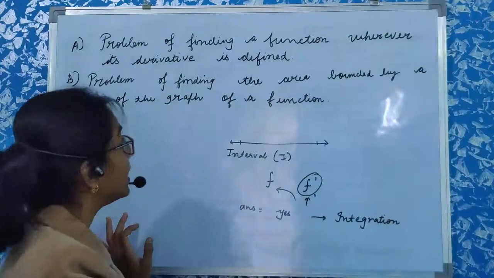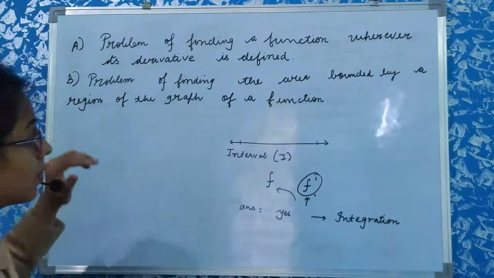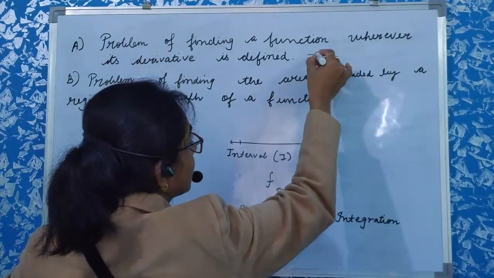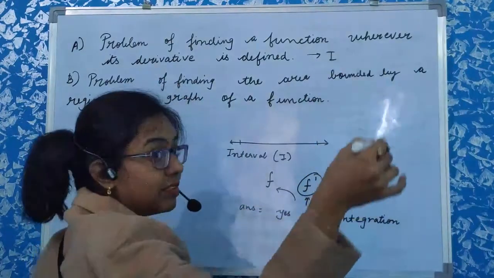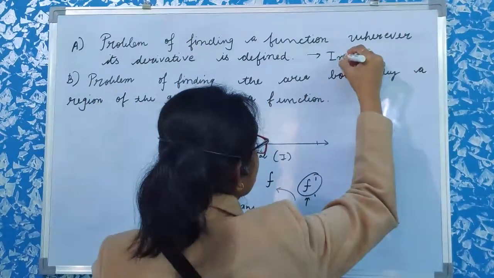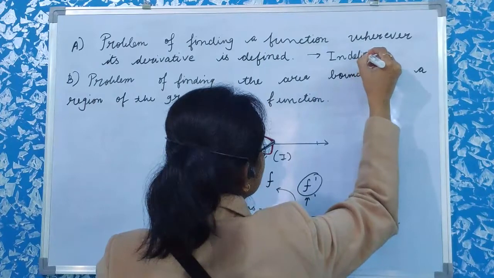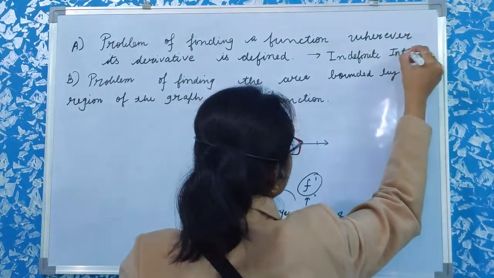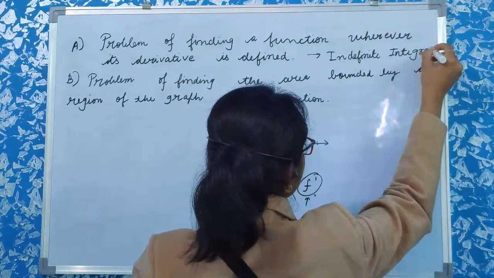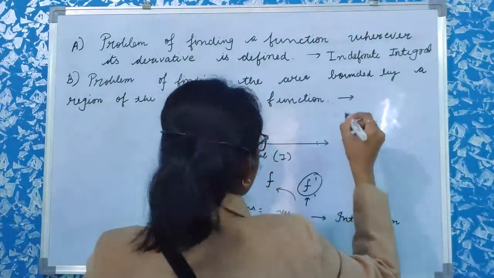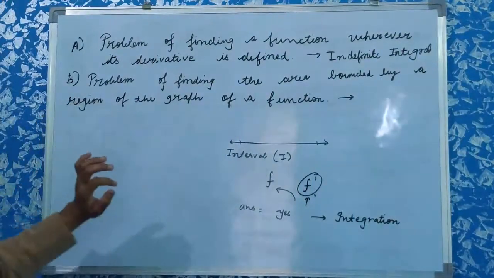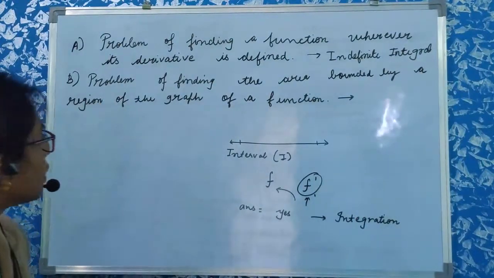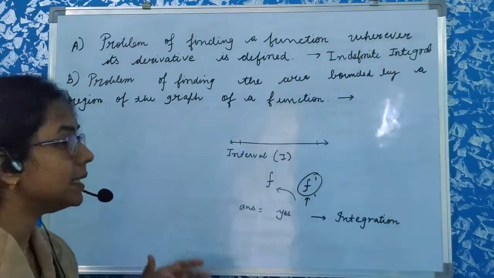Yes, and that is through integration. This first problem is known as indefinite integral. Now, the second problem, where you want to find the area bounded by the region of the graph of a function.